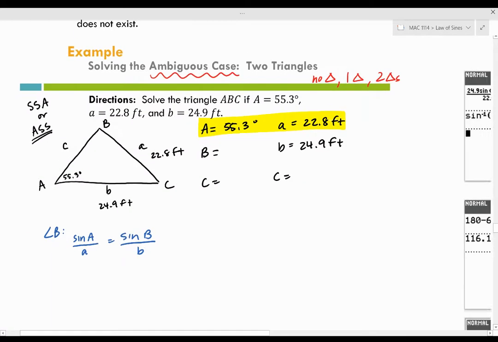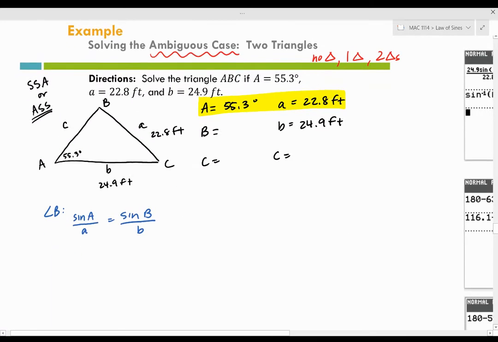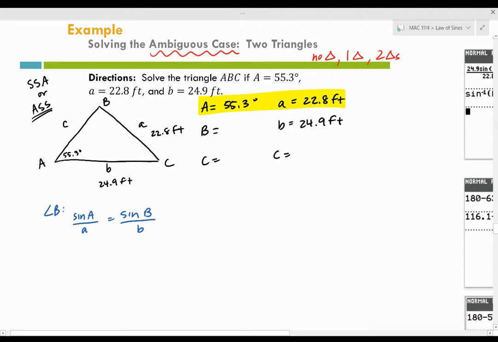I'm going to fill in what I have. So sine of A, 55.3, over little a, 22.8, equals sine B over side b, 24.9. I'm going to cross multiply.